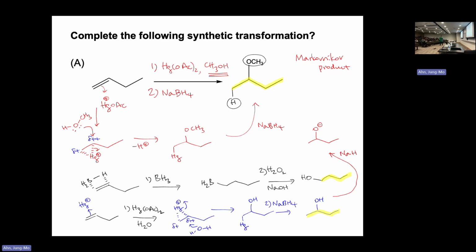That way you can make an alkoxide, an oxygen anion. Now you need to react it with an alkyl halide. So methyl bromide, it makes an SN2 attack, and so you can make this. So there's a way to make it happen. And if you do it this way, the long way around, will I take some points away? No, this is also another good answer. So I will give full credit for this.